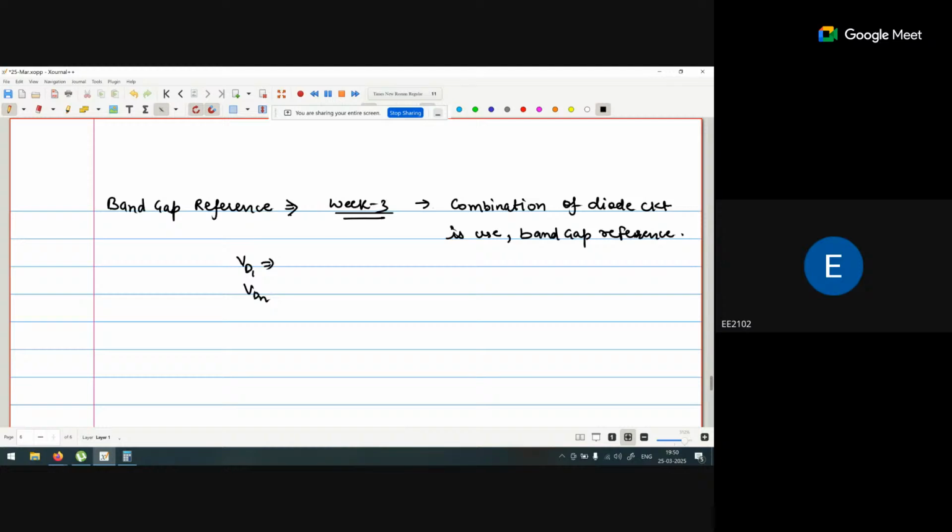You are using multiple diode combinations to get a constant voltage. As we already discussed in the video, there is a negative temperature coefficient, so you have to add a positive temperature coefficient to it. It will basically cancel out, so you are getting a constant voltage.